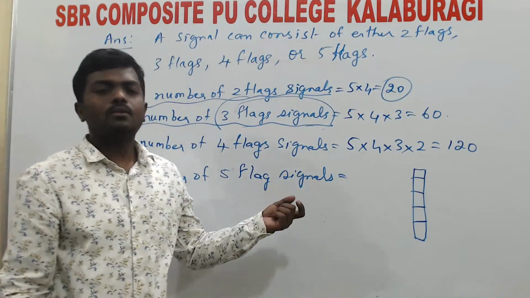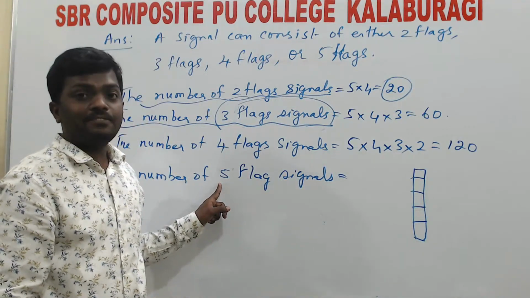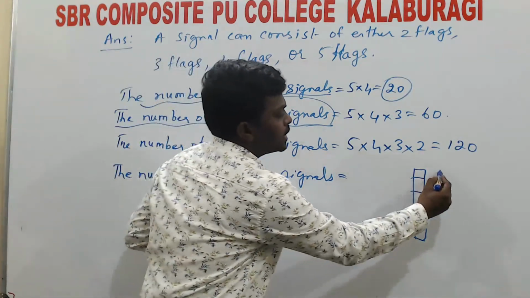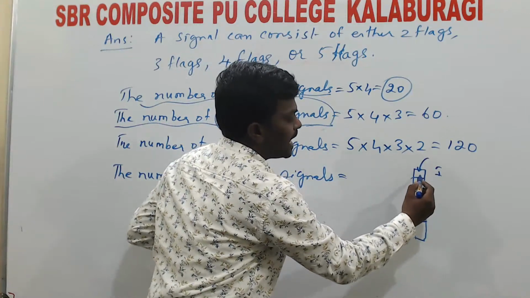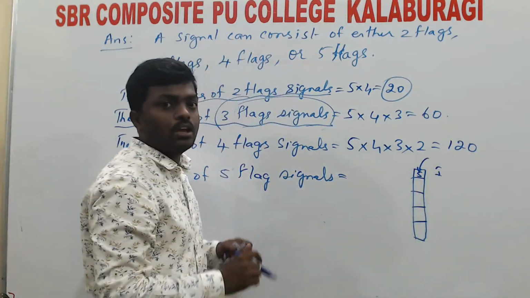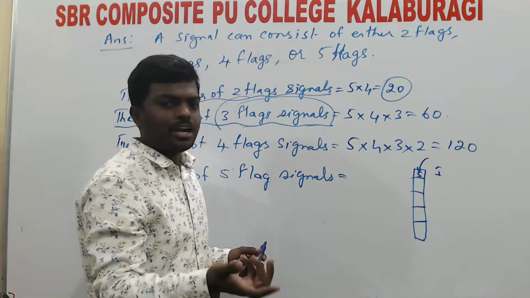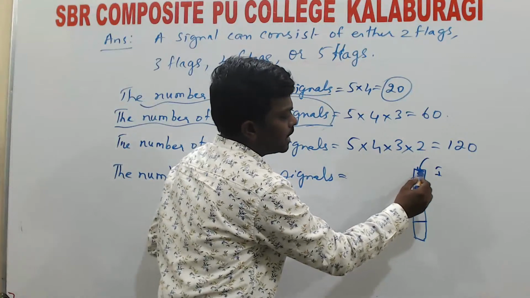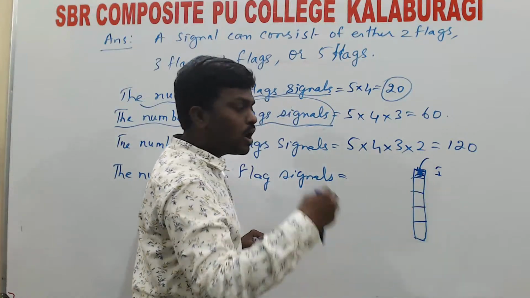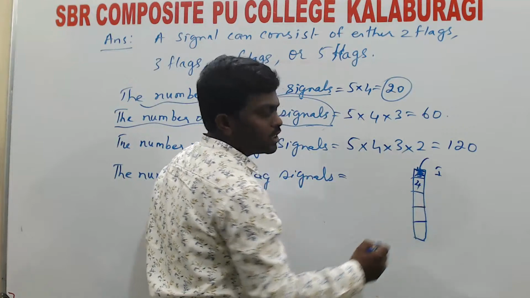Here we need to arrange 5 flag signals. To arrange the first one, how many flags do we have? 5 flags. And 5 flag signals will definitely be of different colors. So let's suppose it has been filled by a red flag. How many are left now? We are left with only 4.